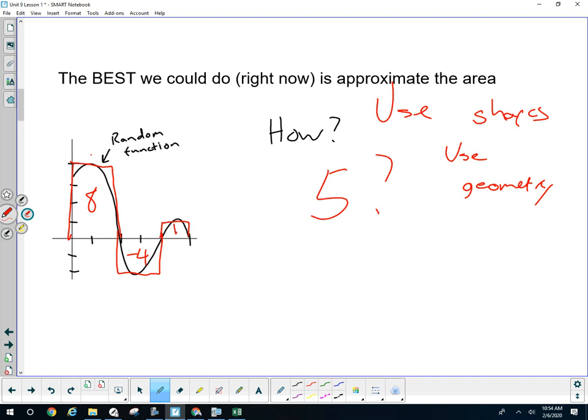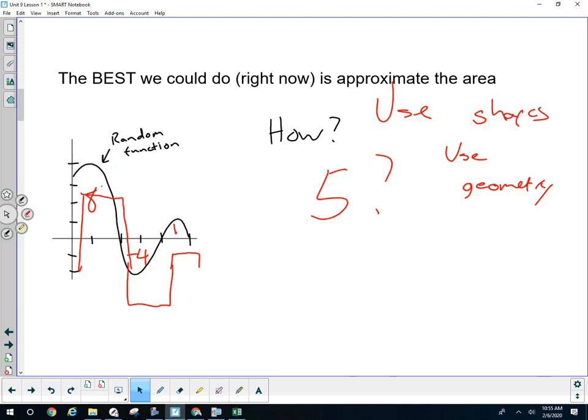Now, I'm using 3 shapes. What could I do to get a better approximation? One thing I could do is use lines that go onto my curve a little bit better. Sure, that's one way. What would be another way to get a better approximation? Could do that.